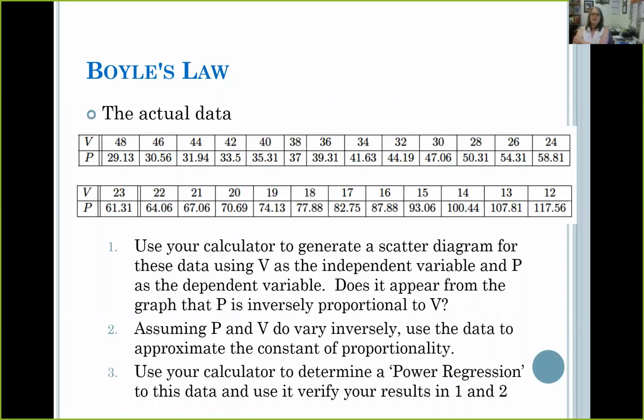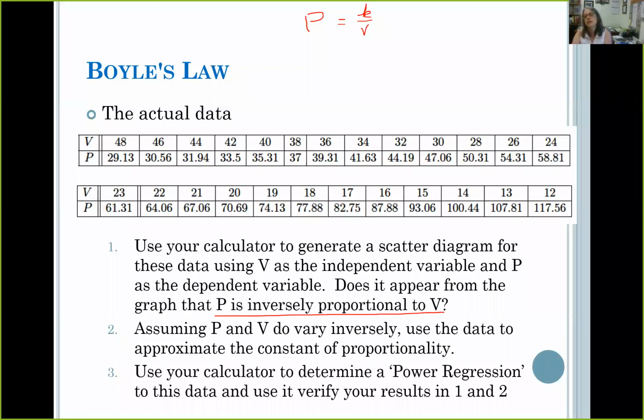Let's do a Boyle's law example. We've done this experiment. Let's say we did this experiment in a lab, and we got actual data. And we've been told that the pressure should be inversely proportional to the volume. So what that means is that pressure should be equal to some constant divided by volume.